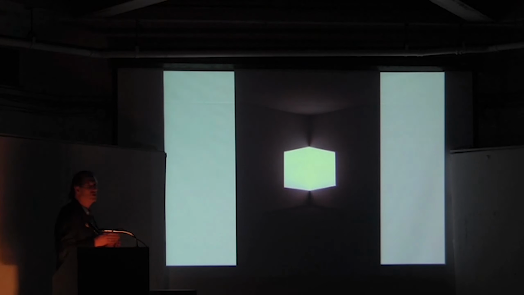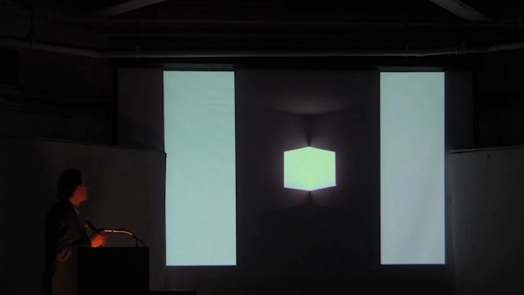When you walk into the room, you can't help but feel the presence, the volume, maybe a better word is mass, the mass of the cube of light. Well, I was calling it a cube, and so, yes, it's a cube. The presence of that cube is overpowering and totally convincing. That is the illusion.